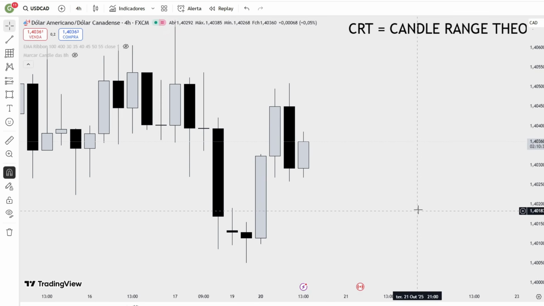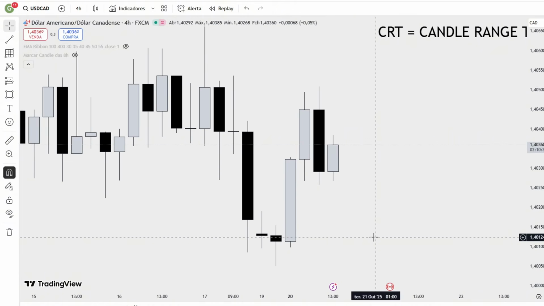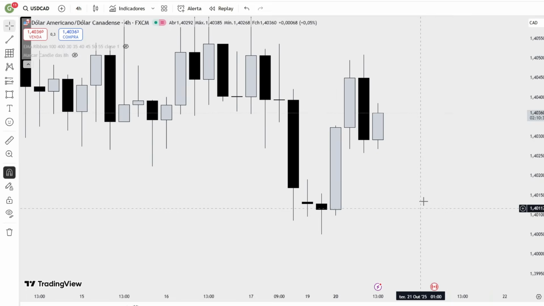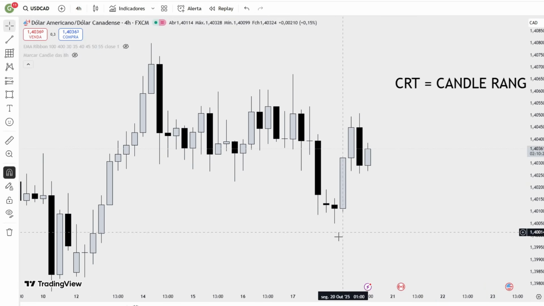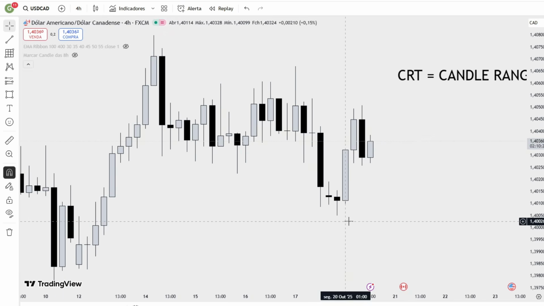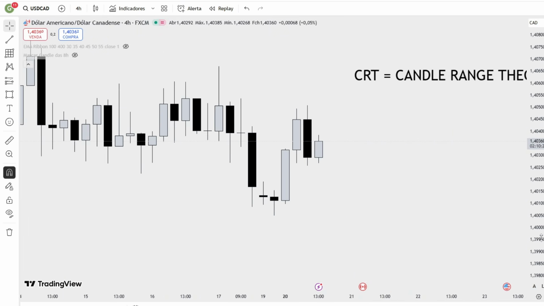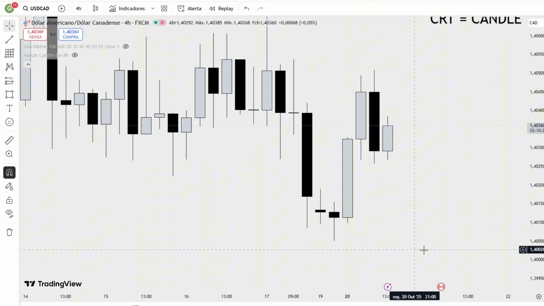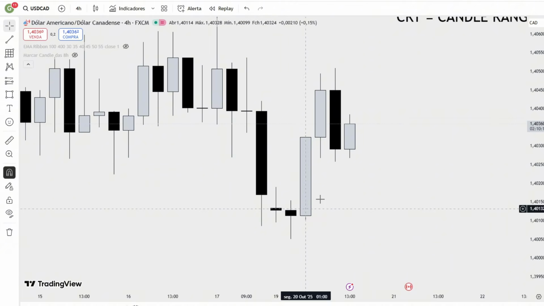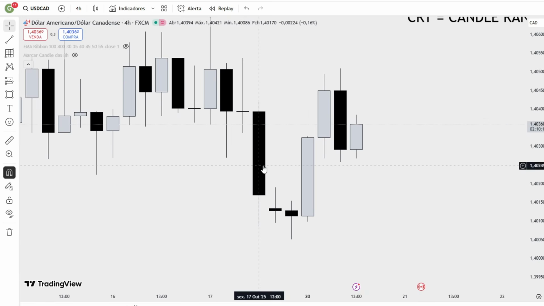Anyway, every candle is a range of the market. Now I'm on the 4-hour time frame. In the 4-hour time frame, we have fewer candles than we have in a 1 minute. But you have to understand that this candle in the 4-hour has a lot of 1 minutes inside of this candle.